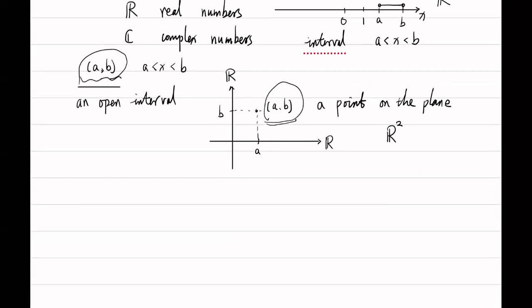Then we have this x. Sometimes we say this x stands for a real number. Maybe a represent is better.